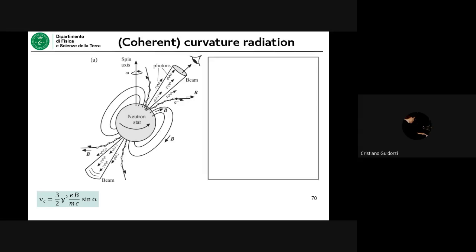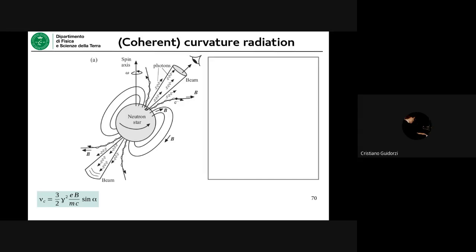So it means that here you have charged particles which are accelerating. They are accelerating because of the magnetic field, but not in the sense that we already explored in synchrotron emission. In that case, the acceleration is perpendicular to the magnetic field lines. So even in the case, for example, of a uniform magnetic field, the structure of the magnetic field lines is not relevant for synchrotron emission.